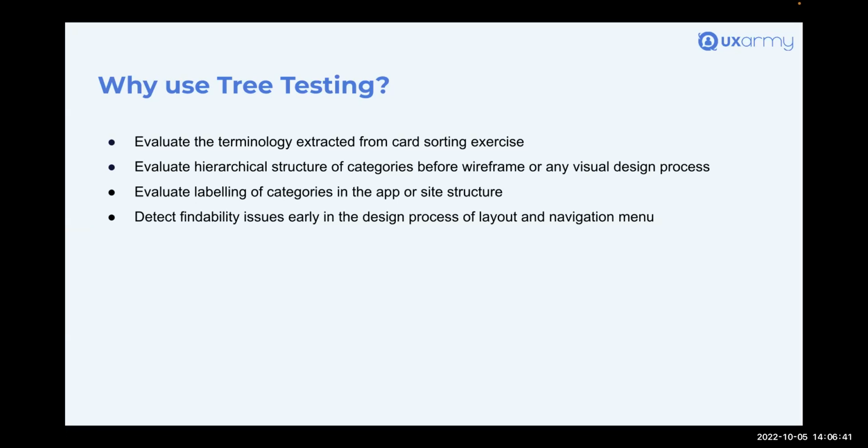Then you can also evaluate the hierarchy structure without including any UI elements or design, so it can be done before wireframing or any visual design process. You can also evaluate the labeling of the categories in the structure of the app, and it can detect findability issues early in the design process, especially when you try to design a layout and navigation menu in your application.